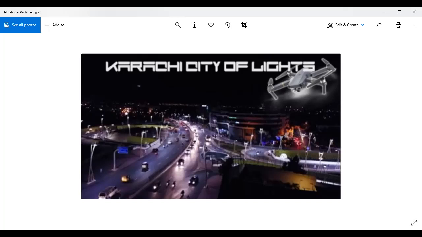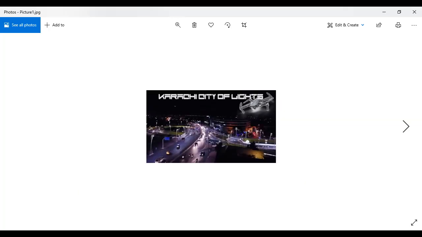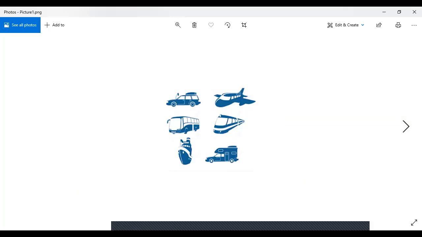Yes, job opportunities are there in Islamabad, Rawalpindi, Faisalabad, Lahore, everywhere, but Karachi is the biggest city, so it has more facilities, right? Similarly, the population living there is also big. So today we will be talking about how Karachi looked before and how it is now, right? I'll be showing you some pictures that show the difference.